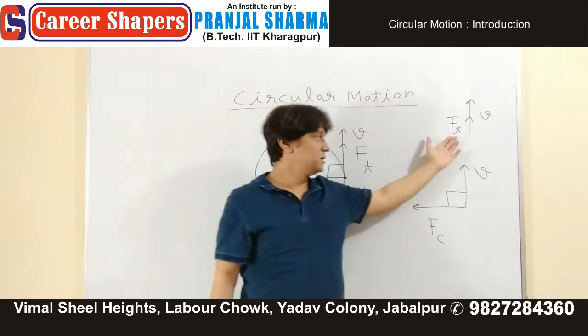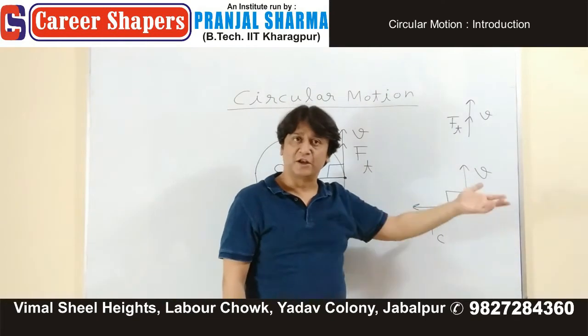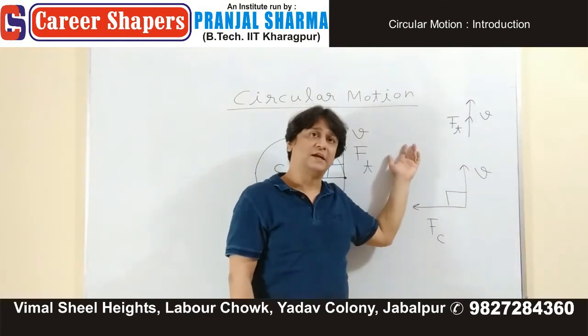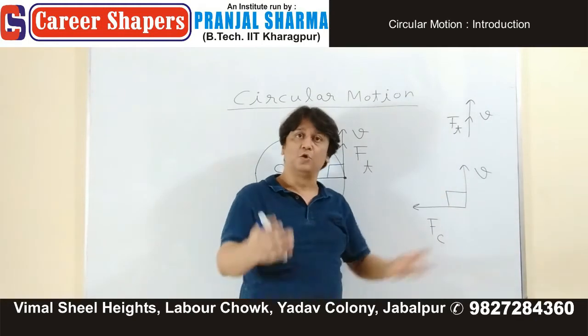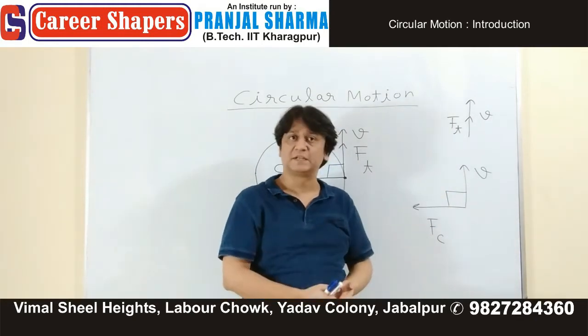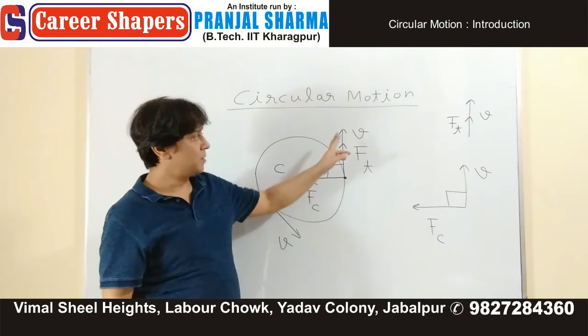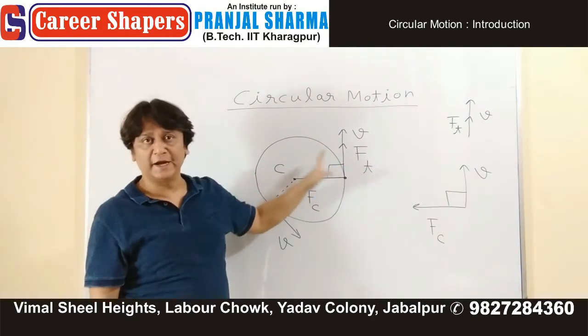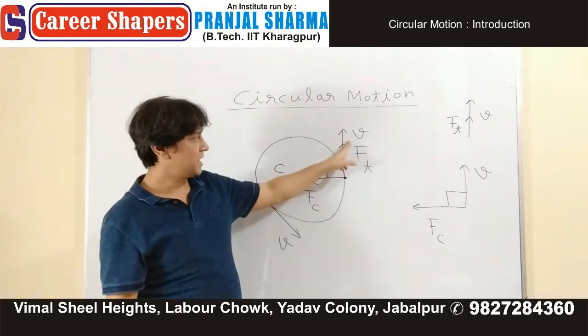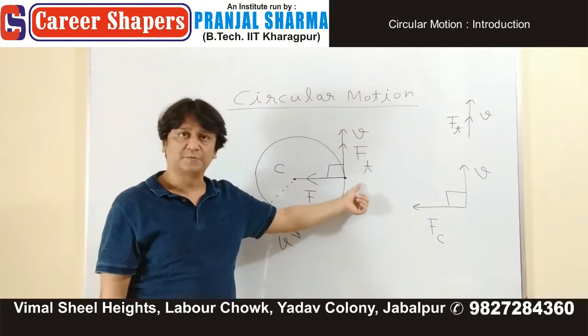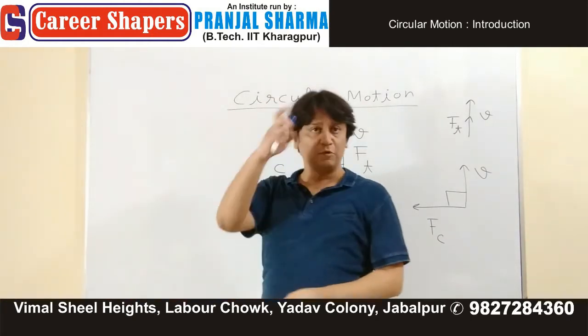What Ft does, it changes magnitude. So if it is not present, then there will be no change in the magnitude. It means suppose the object starts moving with 8 meters per second. If no Ft is present, then we'll write the statement.